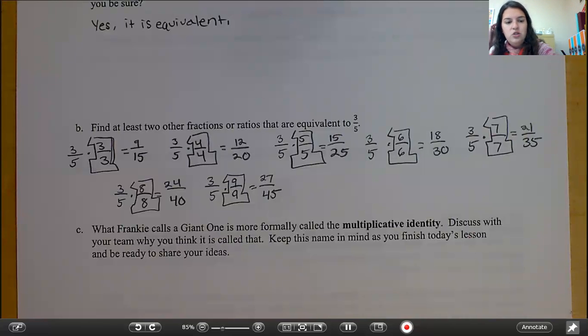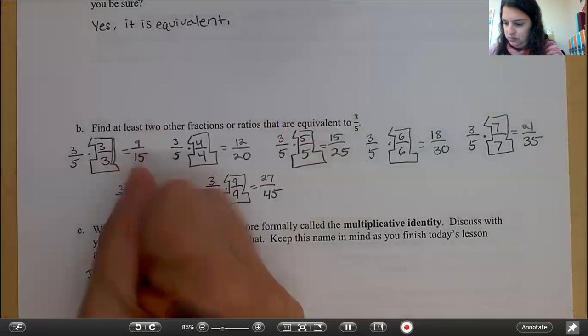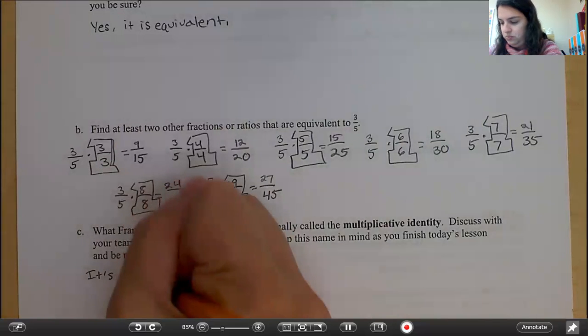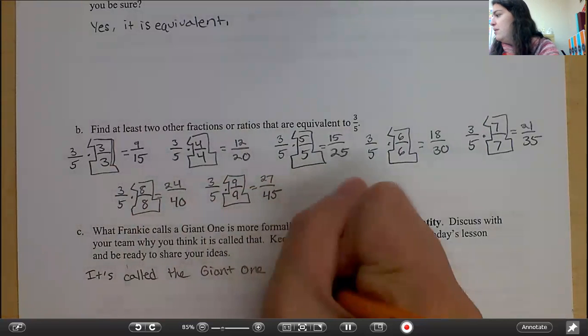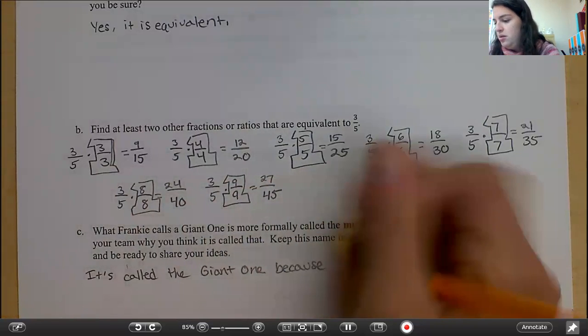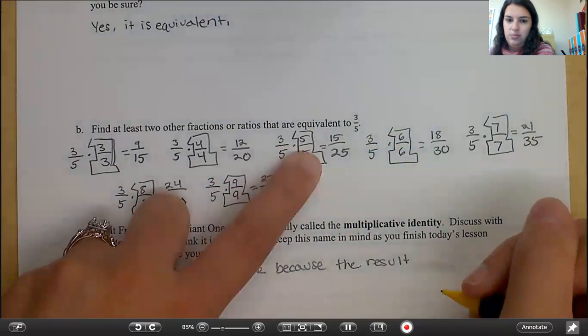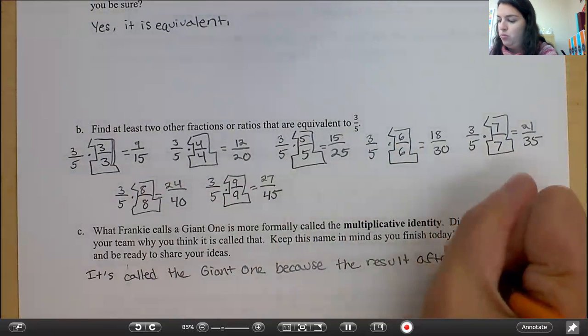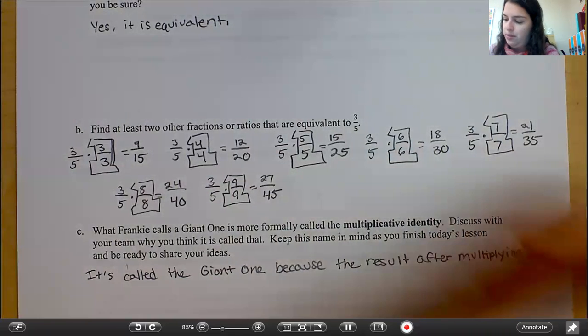Okay, if you're back with me, that means you have attempted to answer part C. As long as you have something along the lines of, it's called the giant 1 because the result after multiplying by 5/5, or by whatever it was in your giant 1, is equal to the original number.